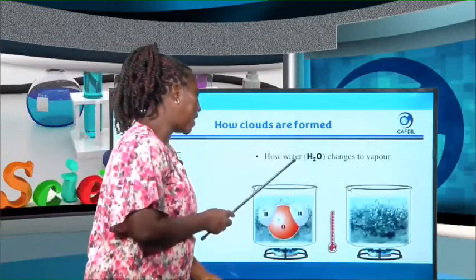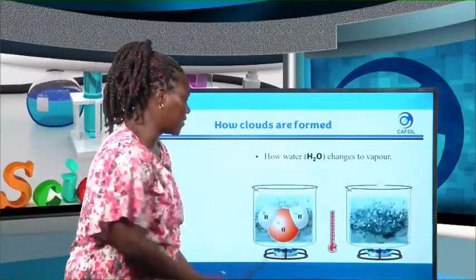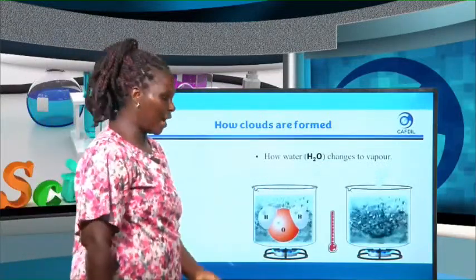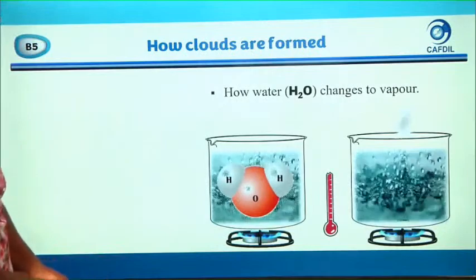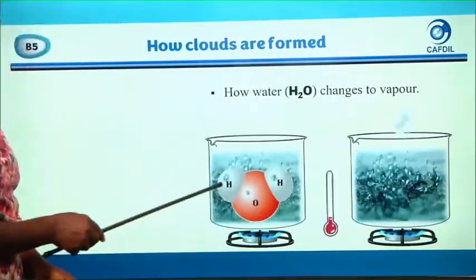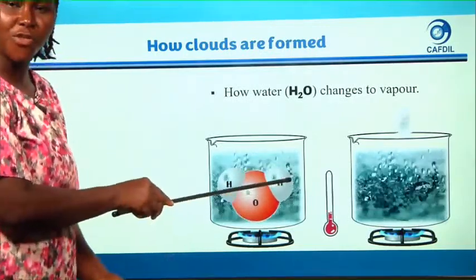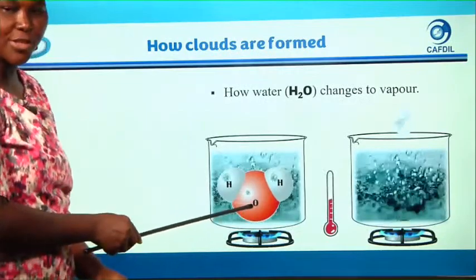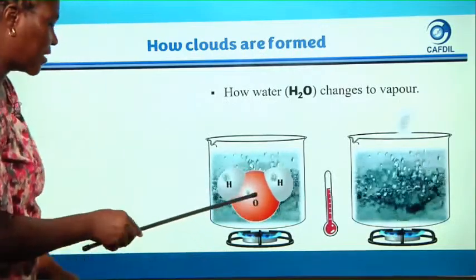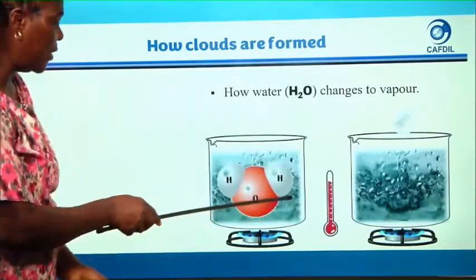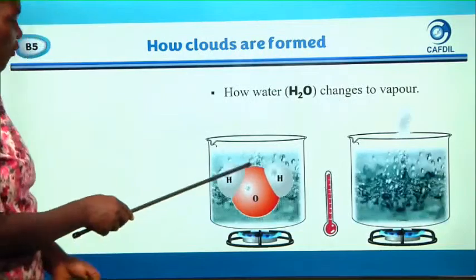Good. How does water change to water vapor? Let's look at this diagram on our screen. Water is made up of two atoms of hydrogen and one atom of oxygen coming together to form one molecule of water.